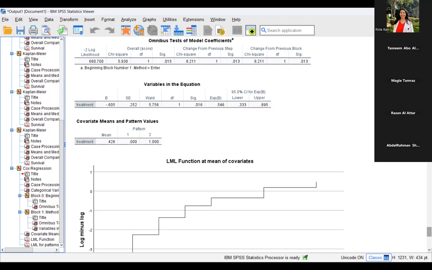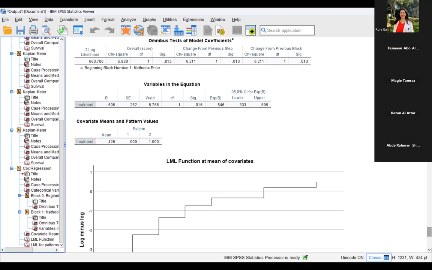Okay, so when we want to adjust, what does it mean? We want to control for confounders, right? Yes. Confounders have to be associated with the disease, as you said, Abdulrahman, young people, etc. But they also have to be associated with the treatment, right? So there should be an association. We did not check this, but at least we checked age and gender with survival.